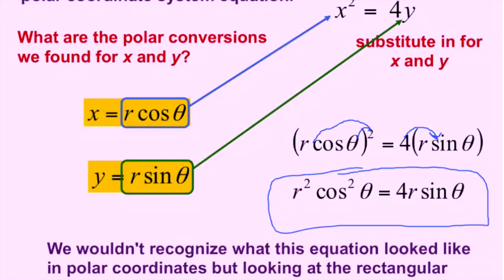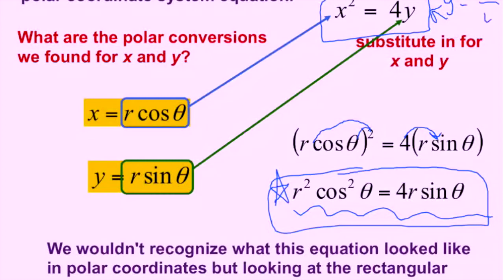There's a little note down here. It says we wouldn't recognize what this equation looks like in polar coordinates, right? We don't even recognize this equation at all. We're not used to that equation. But looking at the rectangular version up here, we know that it's a parabola. So how do we know that this one's a parabola? Just a quick reminder: if you got y by itself, if you divided by 4, you would get y equals x squared divided by 4. x squared equations are parabolas because they're quadratics.